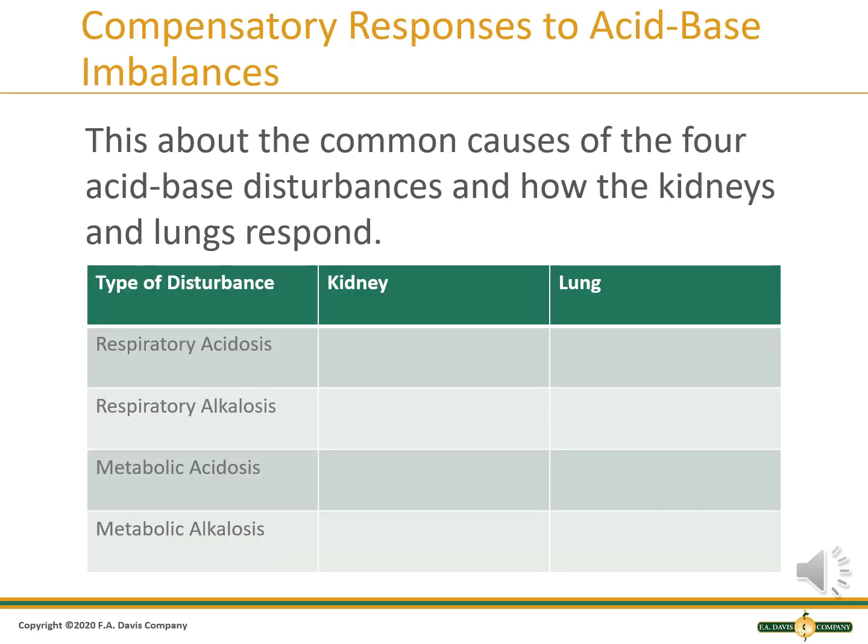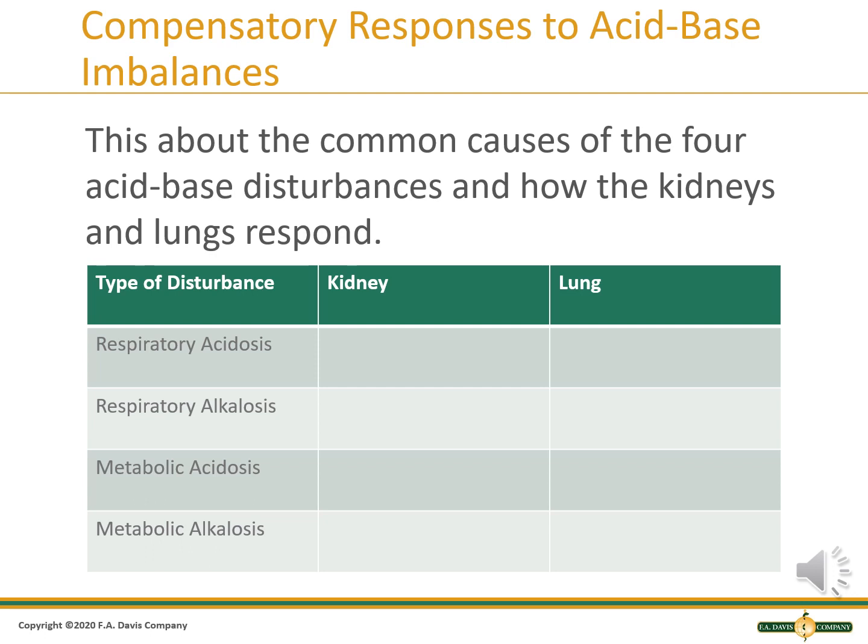All right, this little chart would be easier if I had done a video recording, but we'll get through it. So for the row of respiratory acidosis under kidney, put increased bicarb. So put an arrow up, HCO3. And for lung, put an X. You can also put retained CO2 in parentheses. For respiratory alkalosis, that row under kidney, put a down arrow and HCO3, so decrease bicarb.